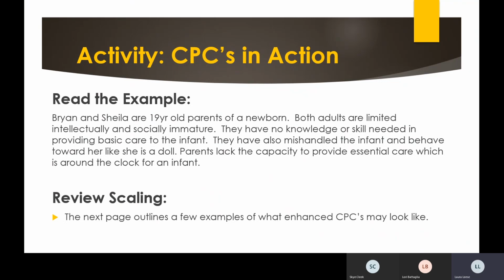Again, as the case manager assessing the family, I cannot just simply say, oh, this is C or D. I have to refer to the actual protective capacity list, which very explicitly provides me with examples of what would cause me to scale it as a C or a D. Now, I would imagine that if I was the case manager working with this family, considering it does say that it is limited intellectually, socially immature, basic skills, mishandling the infant, acting as if she's like a doll, it's probably going to get me near a D. Again, though, it is not something for me to imagine.